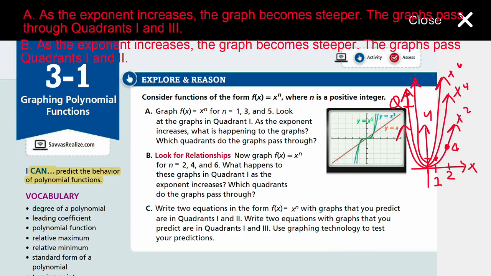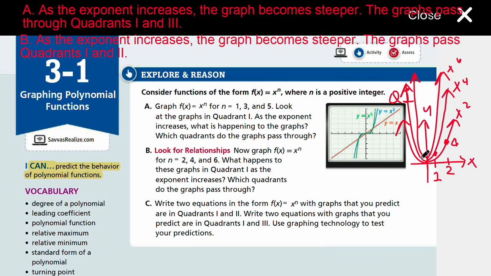Yeah. And now we're going to write two equations in the form f of x is equal to x to the nth power with graphs that you predict are in quadrants 1 and 2. So obviously not the odd numbered ones, but the even numbered ones, right? And you can use graphing technology to test your predictions. But you already know that it's going to be even numbers if you want it to be in quadrants 1 and 2, right?